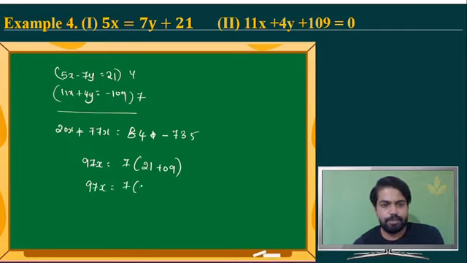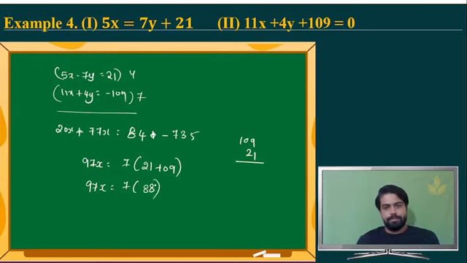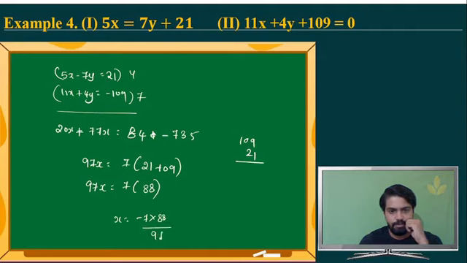So this is 7 into 1 minus 109 plus 21. So we have to remove this 21 from 101. So what we get here is 8 and 8. So this is the value, but it is a minus value. So x is equal to minus 7 into 88 by 97. This cannot be further simplified. Let's keep it as it is.